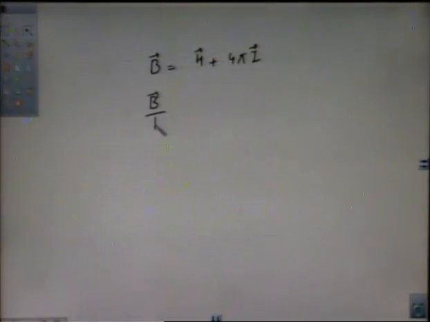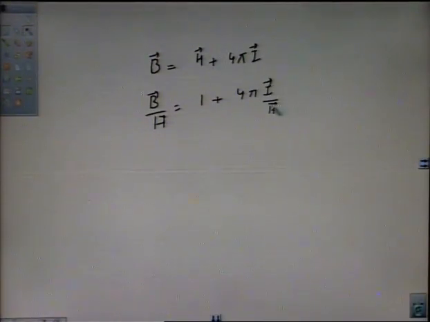Also, we have a relation between various terms. B is equal to H plus 4 pi into I. If we divide both sides by H, we have B upon H is equal to 1 plus 4 pi I upon H. B upon H is equal to mu, the magnetic permeability.